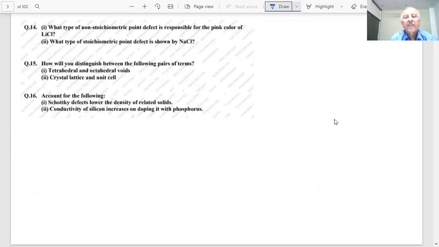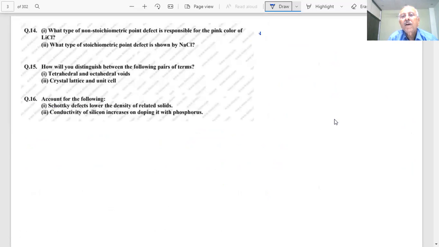You have learned about the defects or imperfections in solids, students. Yes, sir. Imperfection in solids. What are stoichiometric defects, students?